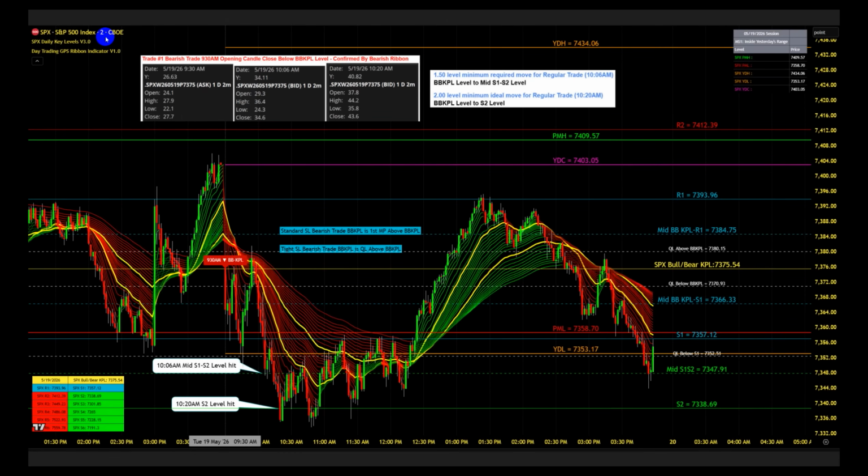In any case, whether you're using a 1 minute, 2 minute, 3 minute, or 5 minute chart time frame, the candle will still need to be a close below a main key level or a contextual key level for at least the beginning part of an entry, and it needs to be confirmed by the ribbon as well.